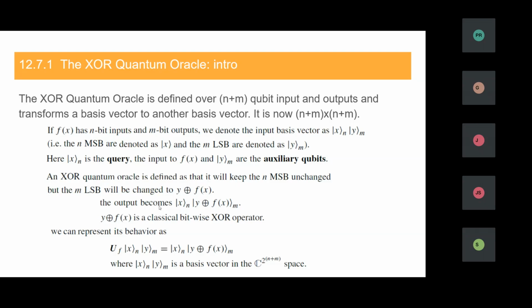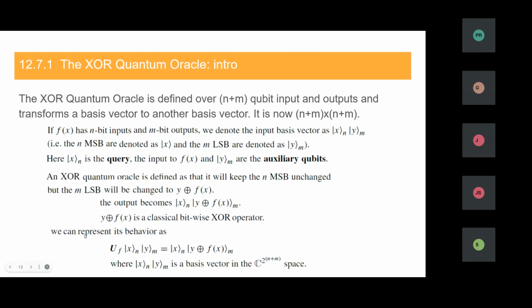And in our case, what is my output? My output will be x^n as it is, and the y^m will be modified like this. It will become y XOR with f of x, whatever function is getting implemented. Remember, this is your classical bitwise XOR operation, and this entire thing is now represented in this manner.